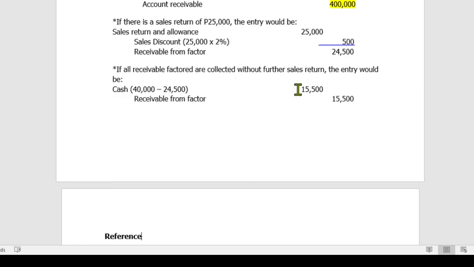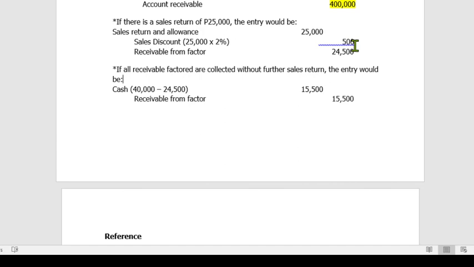What if after nung transaction na yun, lahat ng receivable ay nakolekta na without further sales return? The entry would be, halimbawa, ang receivable from factor mo kanina ay 40,000. Nabawasan ng 24,500 kasi may nagsoli nga. Nabawasan pa yun ng sales discount na 500. E paano kapag wala nang nagsoli after a certain period? O di makukuha mo na yon kay factor.